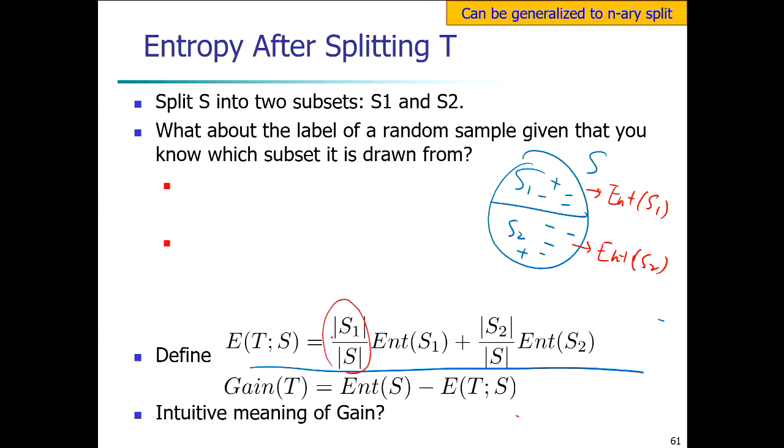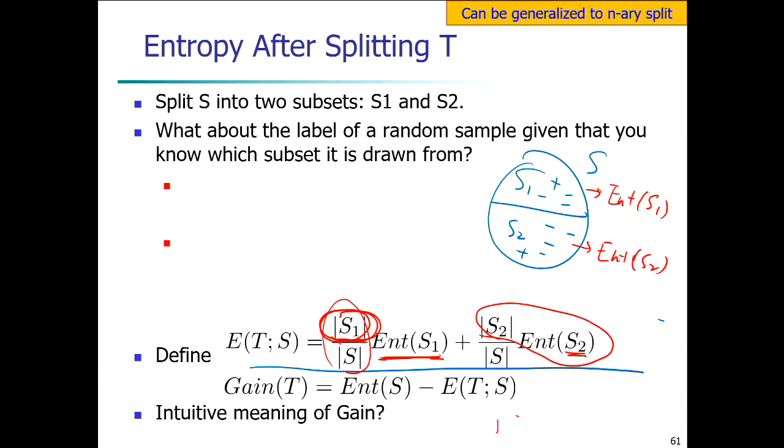So this is the relative size of S1. There are S1 elements, and if you pick an S1 element, each of them will say, okay, my entropy is entropy of S1, right? And if you happen to choose someone from S2, they will tell you something like this.